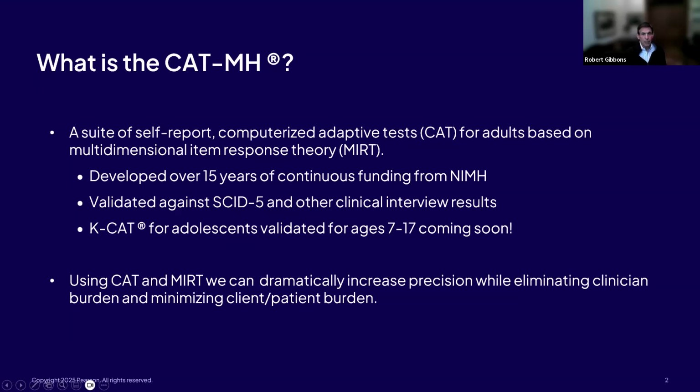And the KCAT, which will be coming soon through Pearson, is for adolescents and adds in ADHD, conduct disorder, and oppositional defiant disorder, and has been validated against the KSADS for youth ages 7 through 17.